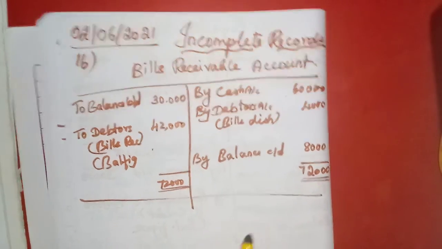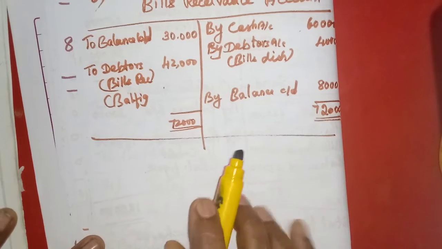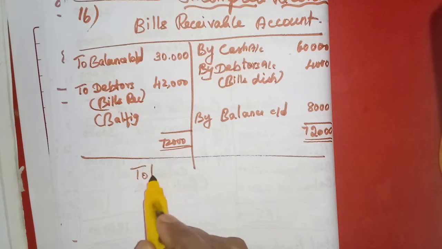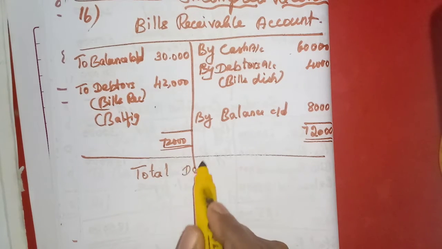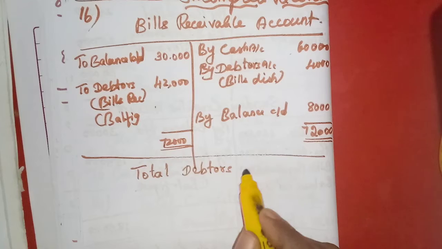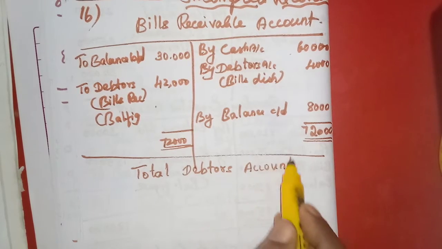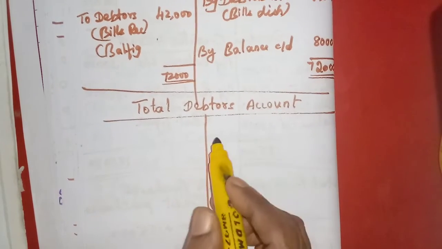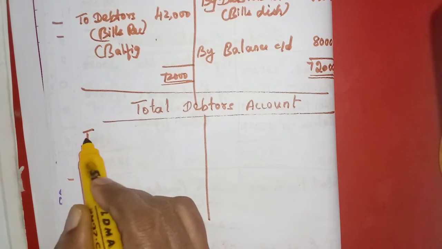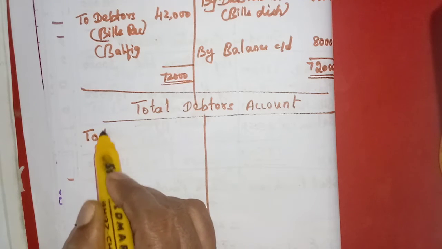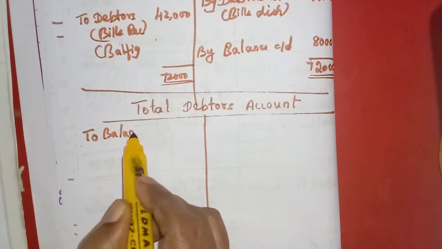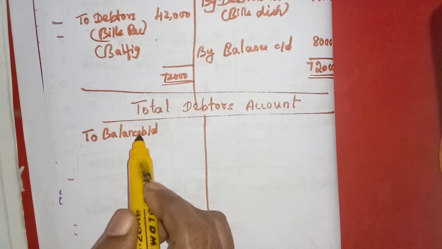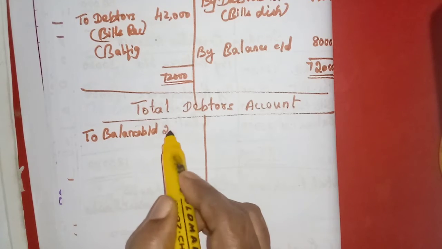One account over. Now we should calculate the credit sales by preparing the total debtors account. Here the opening balance is on the debit side: to balance brought down, sundry debtors 2,40,000.